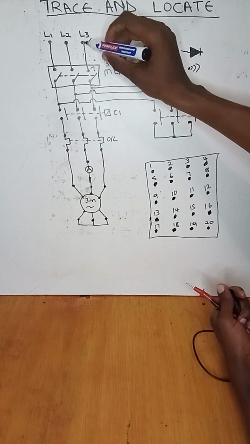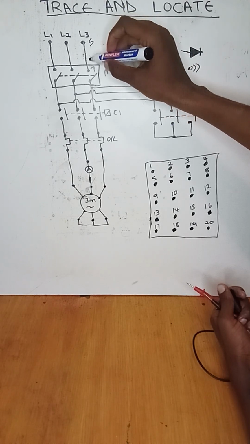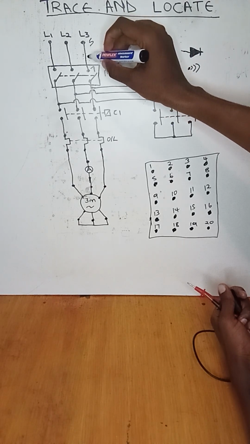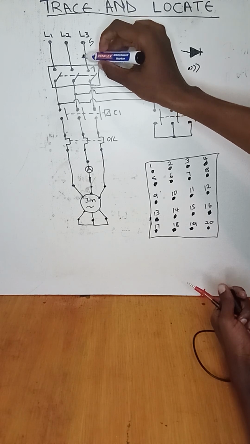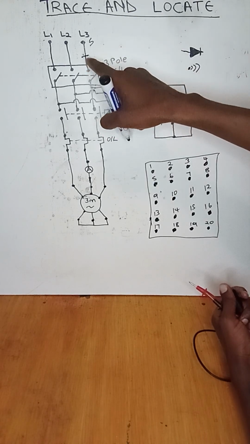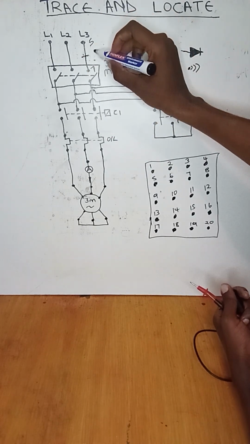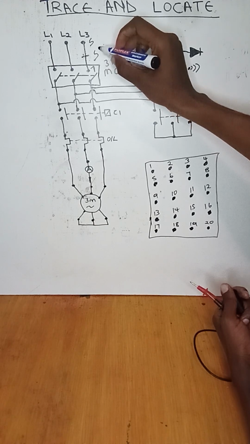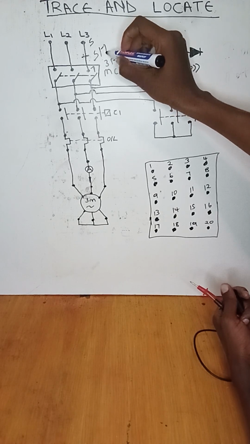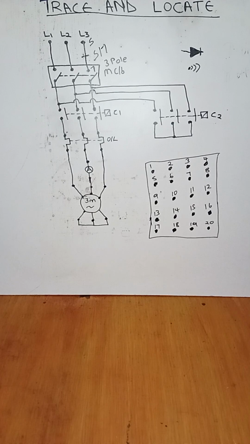Since this wire didn't beep, you'll show that the fault is here, and you'll write it's from point number 5 to point number 7. So that's how you have traced your fault.